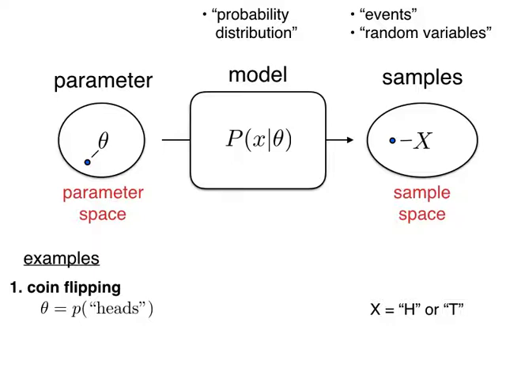And given a coin, maybe the coin is not weighted at all, it's just a normal coin. It has a 50-50% likelihood. The probability of getting heads or tails is 50%. The random variable x can take on heads or tails. And so thinking about my data, observing a sequence of heads or tails as being drawn from a model that describes probabilities as a function of a parameter, say how weighted my coin is, is how we think about this problem in the context of statistics. And it's how we use the terminology of statistics to describe coin flipping.